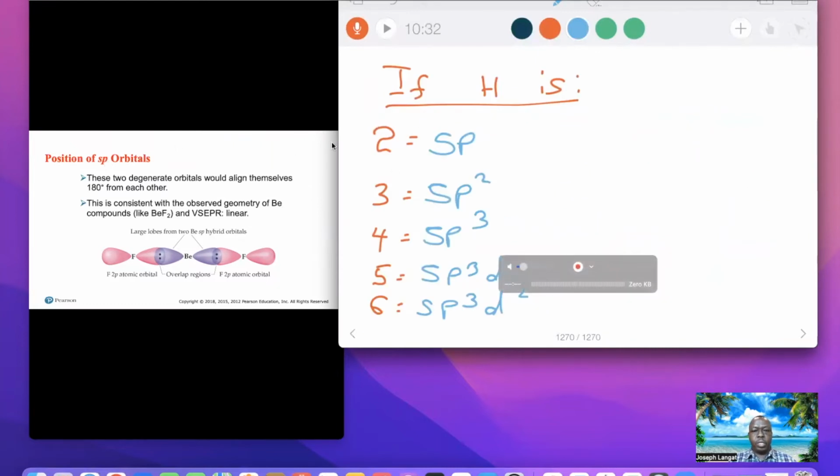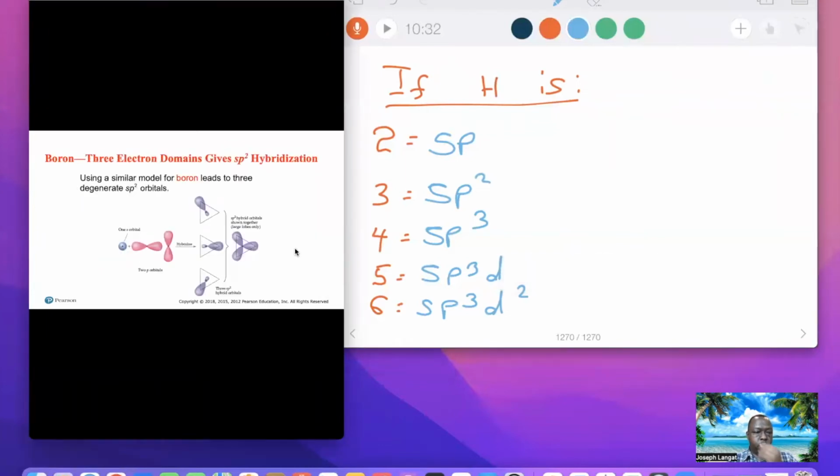If H is 2, which we did for beryllium, hybridization is sp. This is the quick way of determining the hybridization on the central atom, okay? Hybridization: sp, all right, put sp.